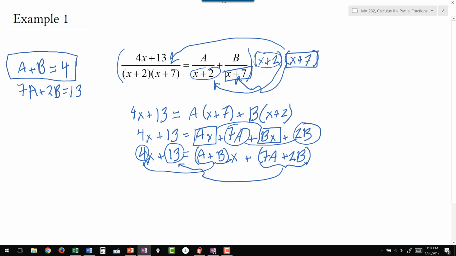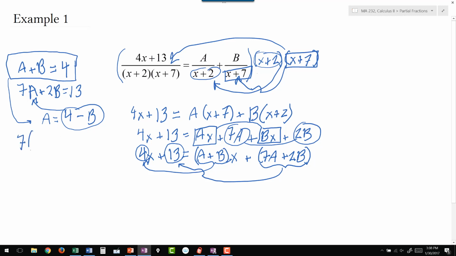I'll start with the first equation, which allows me to rewrite, instead of a plus b equals 4, a is equal to 4 minus b. Then I can take 4 minus b and plug it in for a in the second equation.